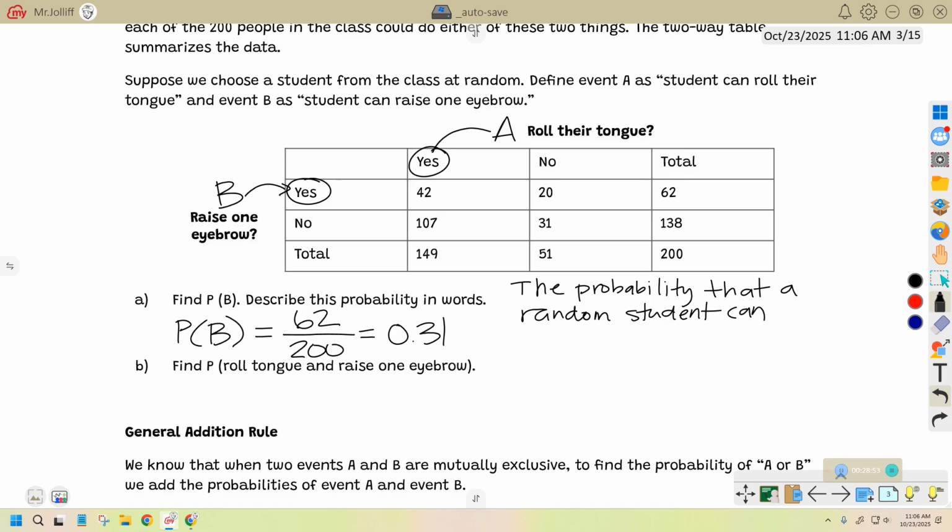Raise one eyebrow. Meaning if I walk into this class of 200 students, I select one student at random, there is a 31% chance that that kid can raise just one eyebrow.